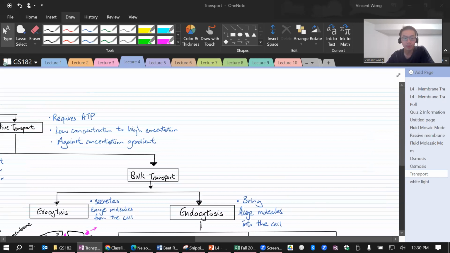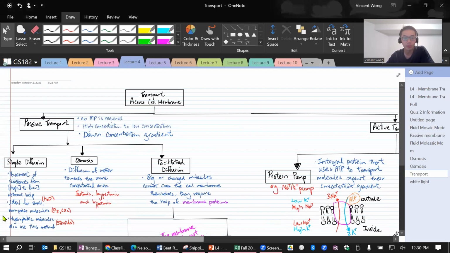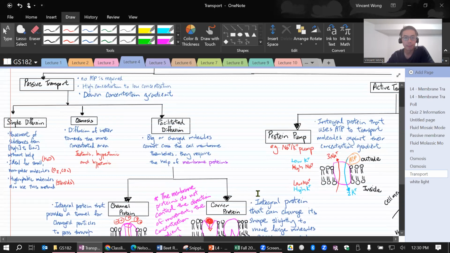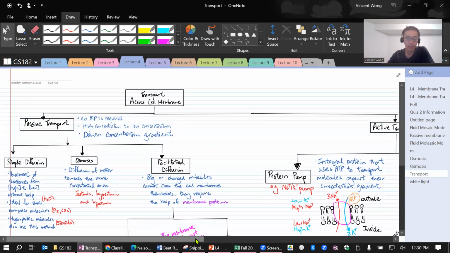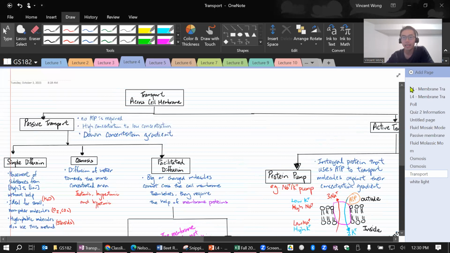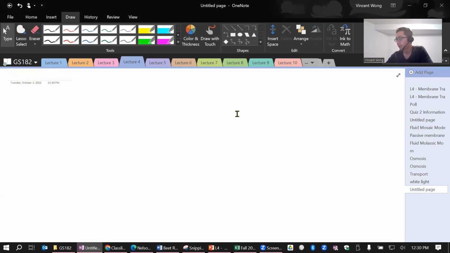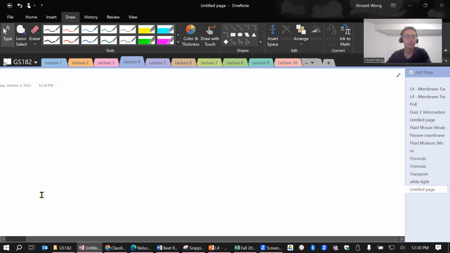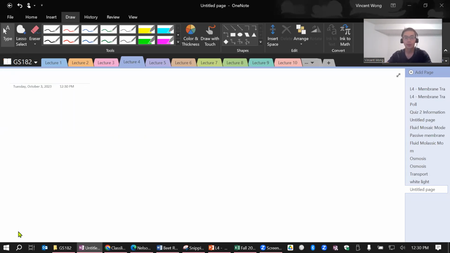All right, so I'm gonna draw this huge chart for you as a note for the last part of lecture 4. So please take out a piece of paper, and we're gonna do that. So the title of the note is membrane transport.